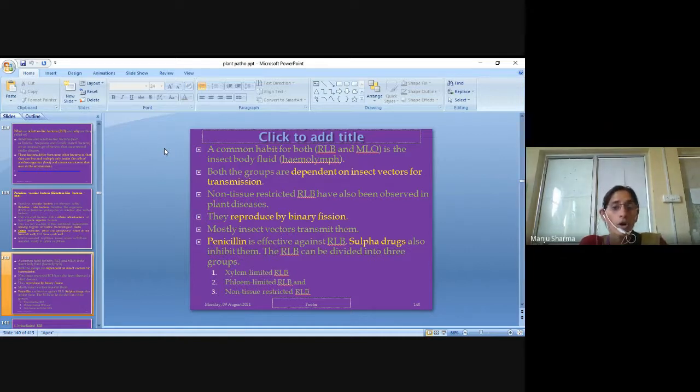Sulfa drugs also inhibit them. The RLB can be divided into three groups: xylem-limited RLB, phloem-limited RLB, and non-tissue-restricted RLB.